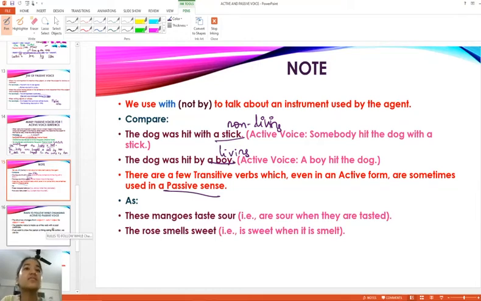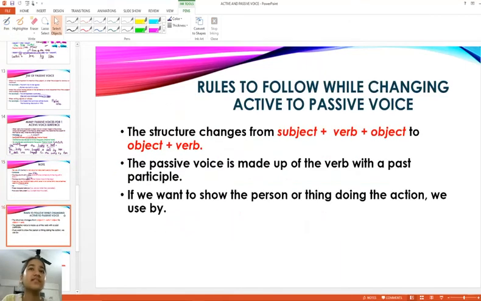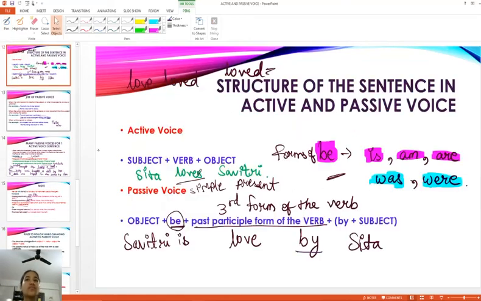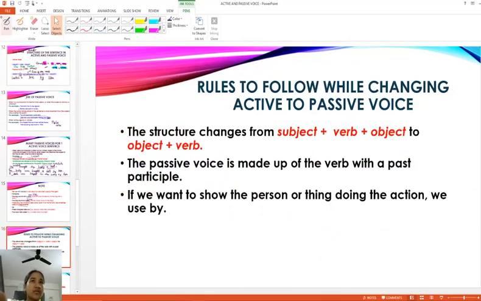Understood? First, let us recap what we have learned, the rules. The structure changes from subject plus verb plus object to object plus verb. There is one more change, that is object plus be plus past participle of the verb plus by plus subject. That's the great change.